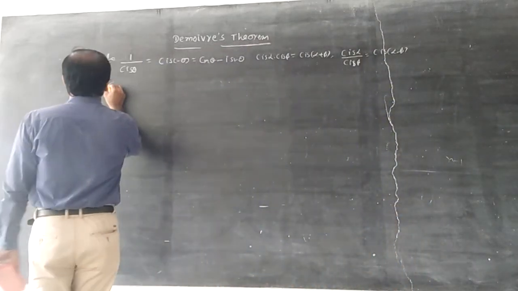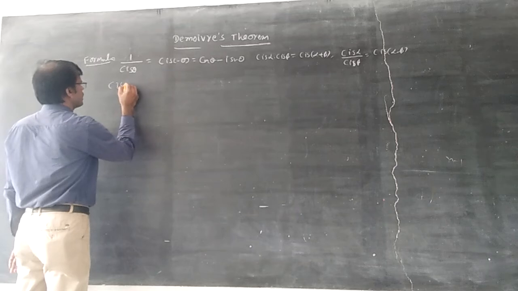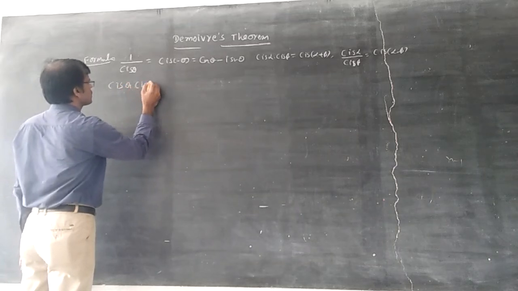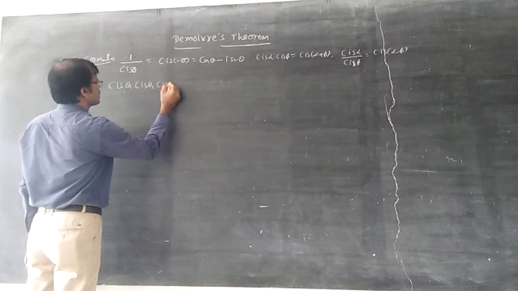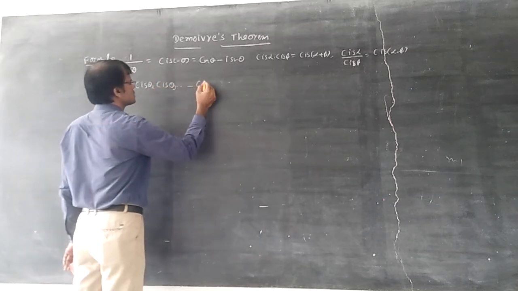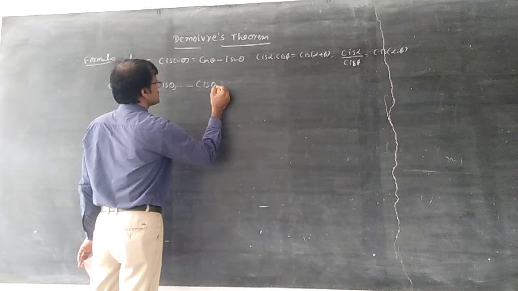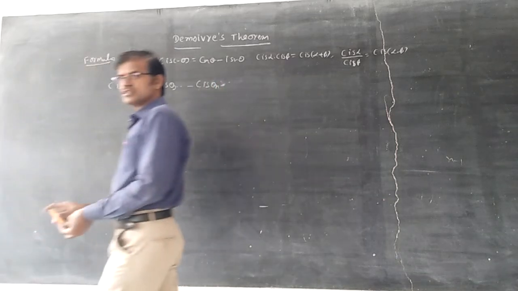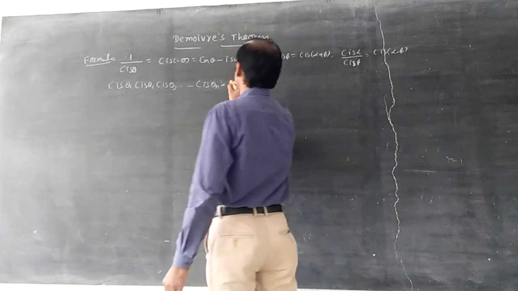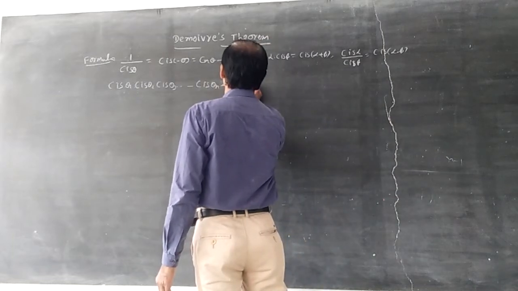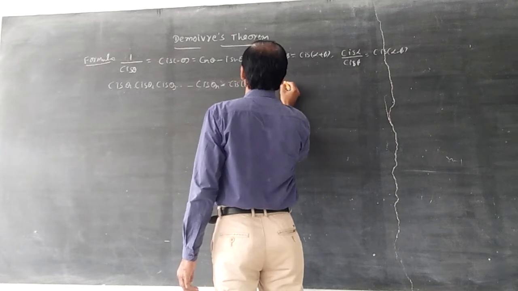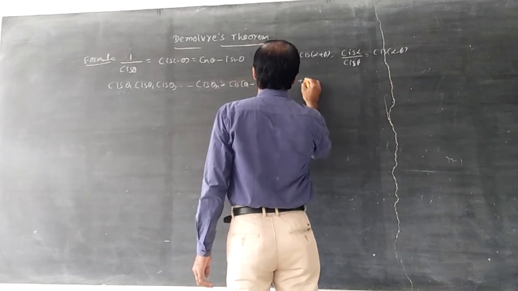In a similar way, you can write cis theta 1 into cis theta 2 into cis theta 3, and so on up to cis theta n, is equal to cis of theta 1 plus theta 2 plus theta 3 and so on up to theta n.